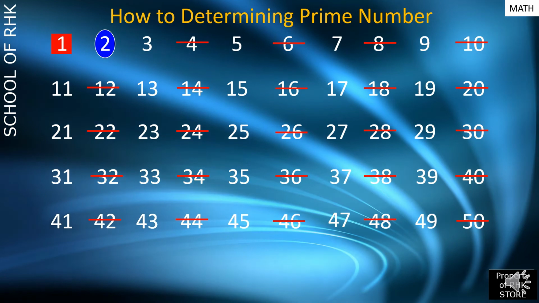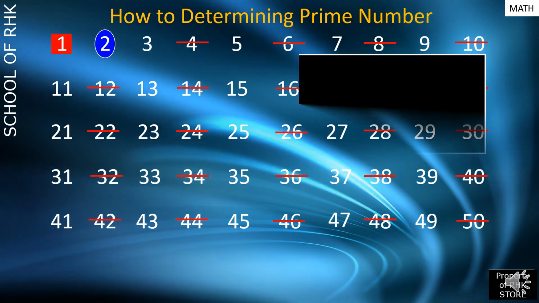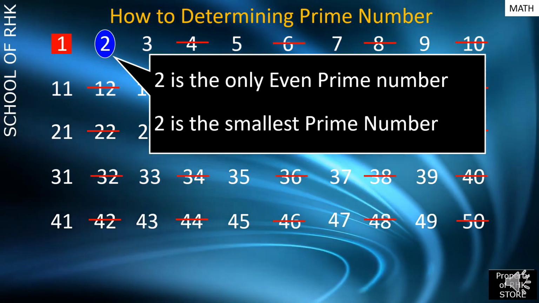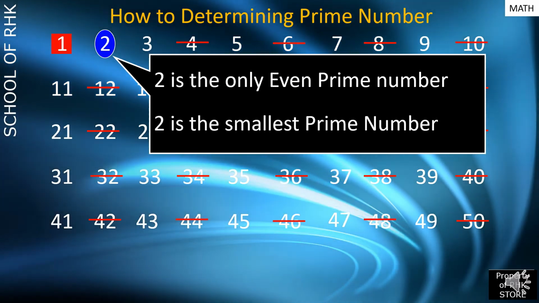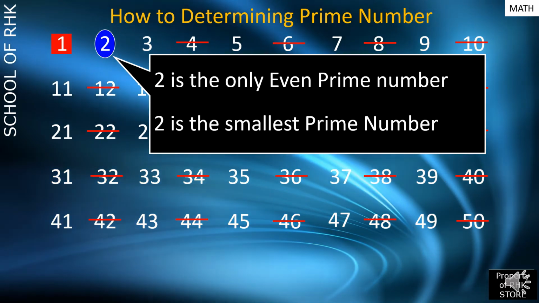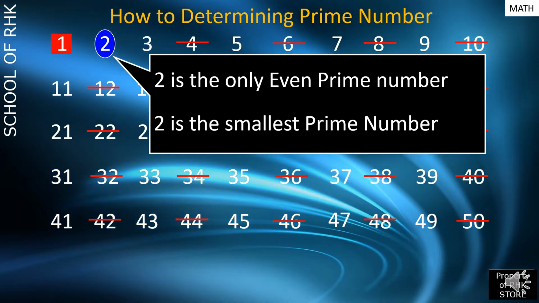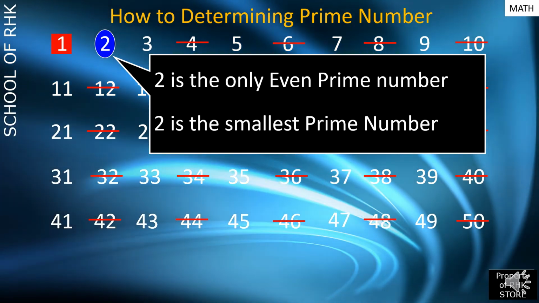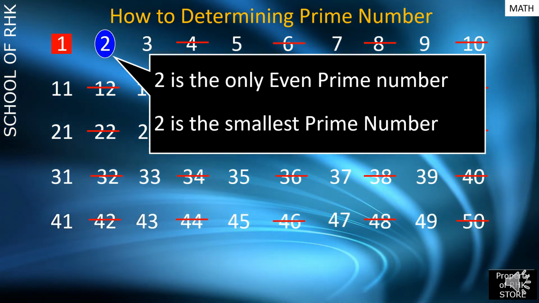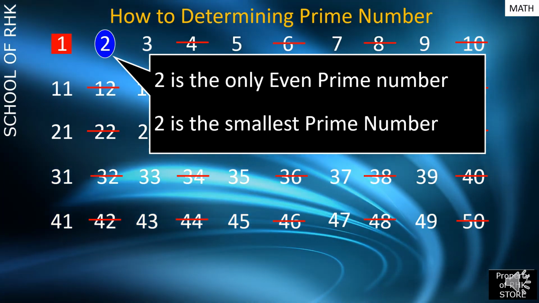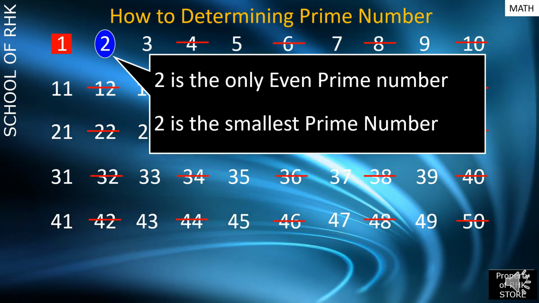Obviously, 2 is the only even prime number and at the same time the smallest prime number. In many cases, the question may arise as to which is the even prime number or which is the smallest prime number. And for both questions, the answer is 2.